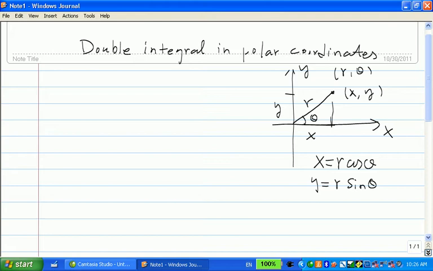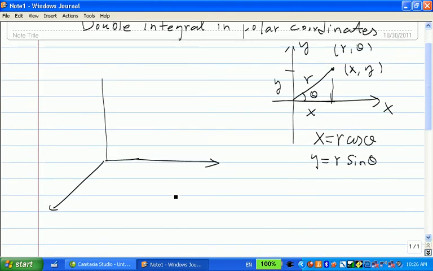Alright, now let's see what a double integral in polar coordinates is. First of all, I want you to understand the purpose of this section is, like the previous one, to calculate double integrals. So let's recall what a double integral is again.